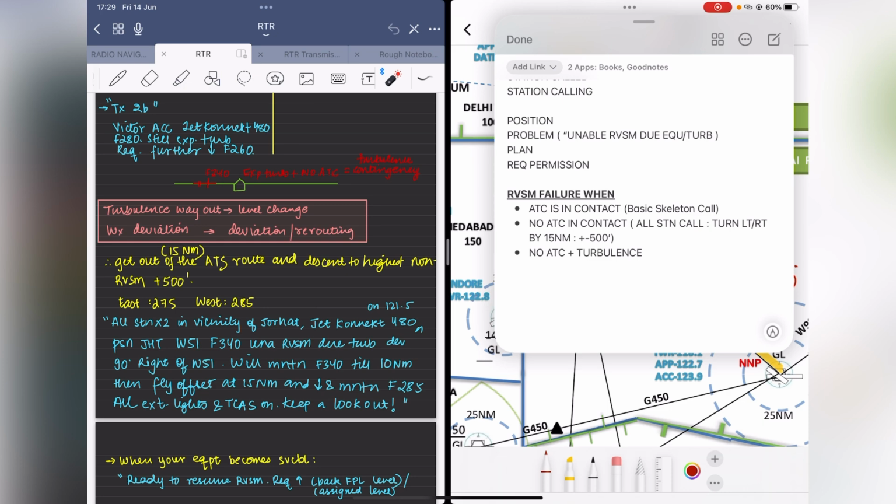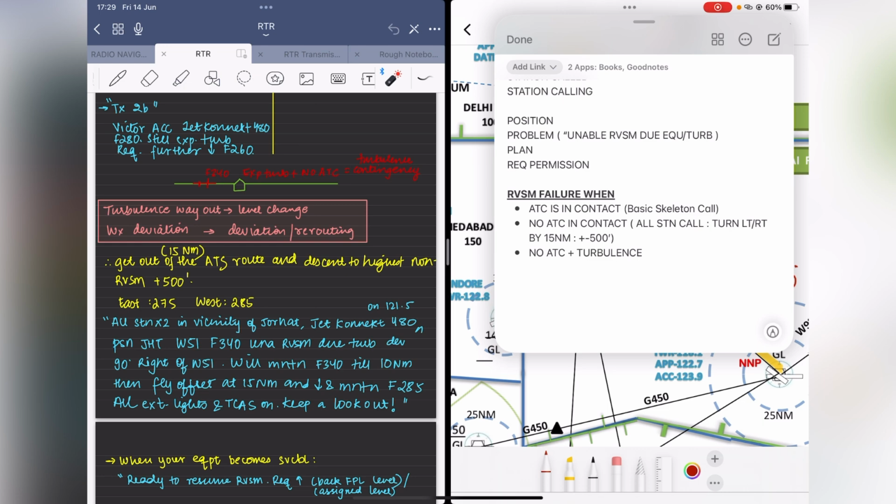So now, no ATC, you know it has to go to all the other aircraft. It's an all station call. But unlike turning left or right, when we had an equipment failure, in turbulence we're going to tell the other traffic that we are going to descend to 270 or 280 depending upon westbound or eastbound. We're going to carry out a descent on our own. Fine.